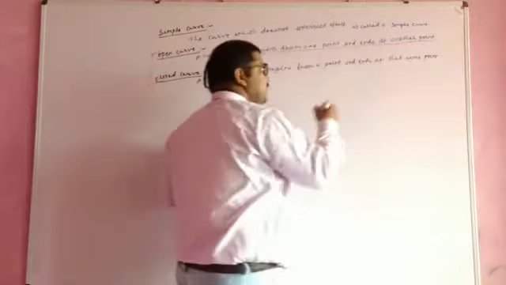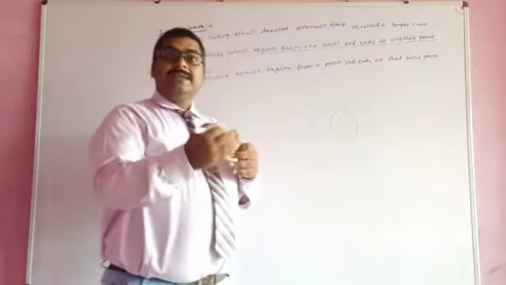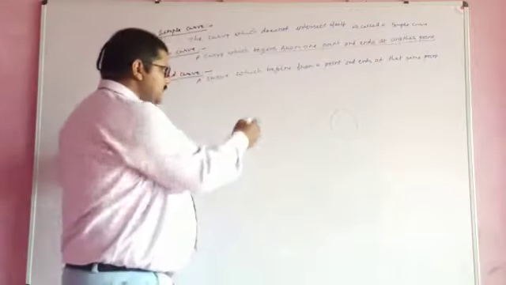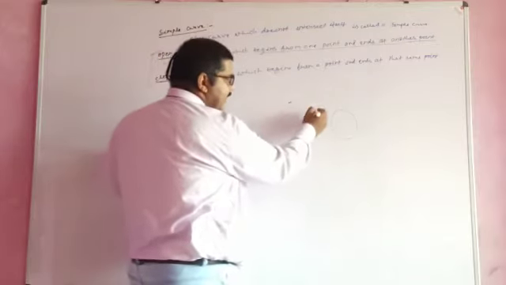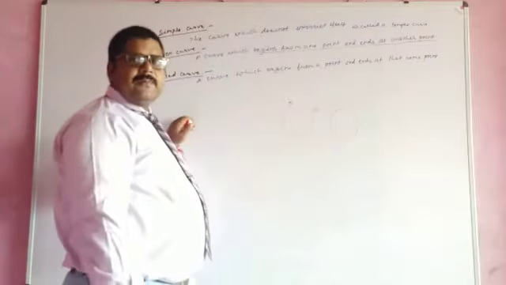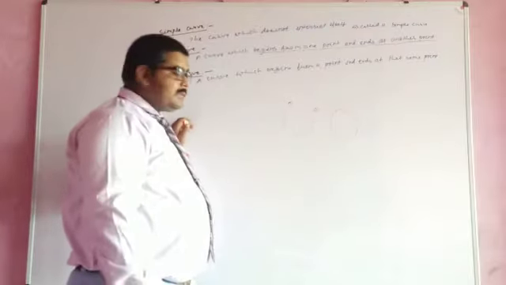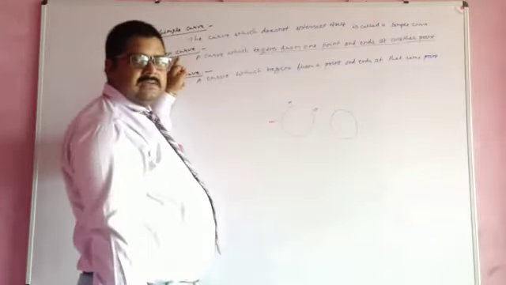What does it mean? It begins with one point and ends with another point. You can see in this case, it starts from A and ends at B, and both are totally different points, and such a figure is known as an open figure.